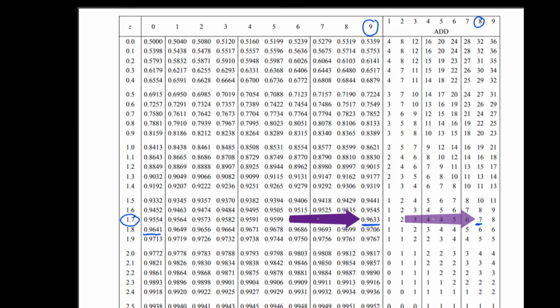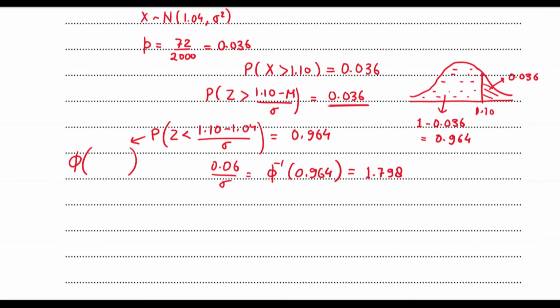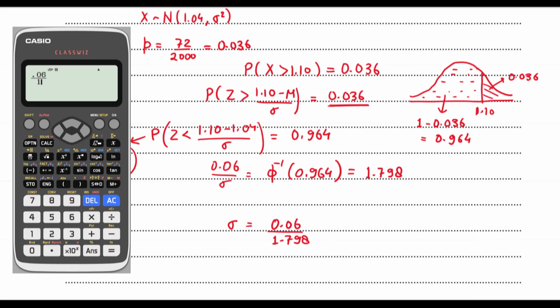So it becomes 1.798. So now we'll calculate sigma, and here we can see sigma is 0.06 upon 1.798, so 0.06 divided by 1.798, which is 0.0333, and lastly, I will write till 3 significant figures and it becomes 0.0334 kg.